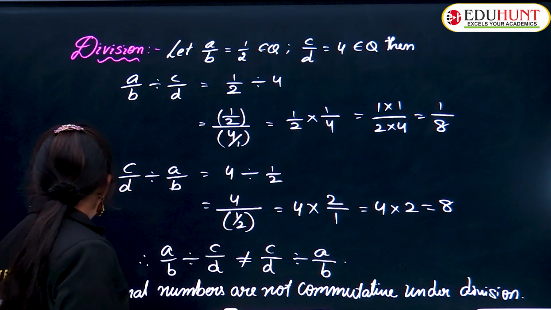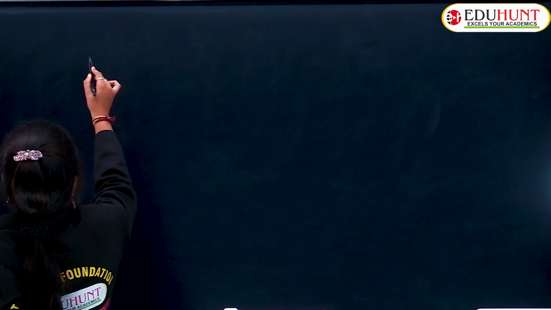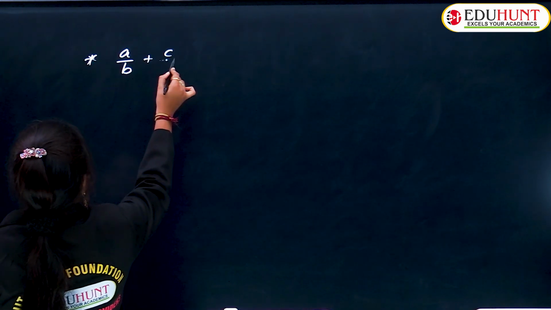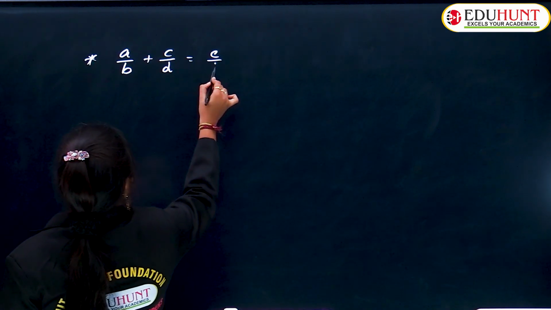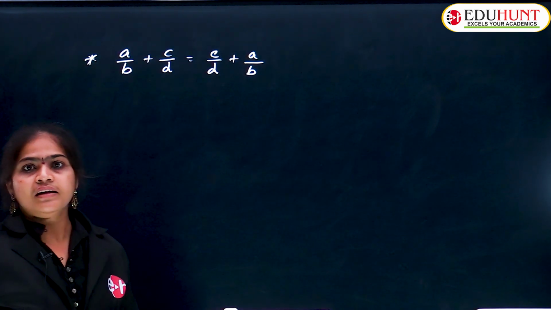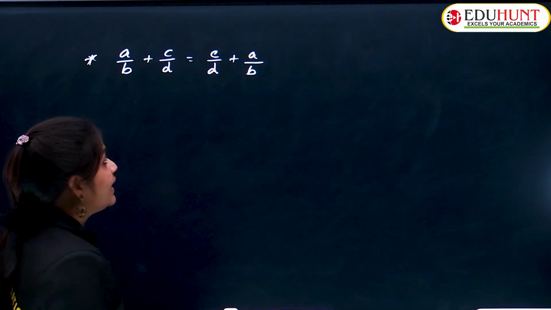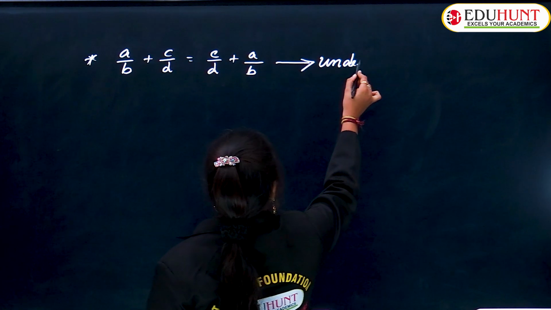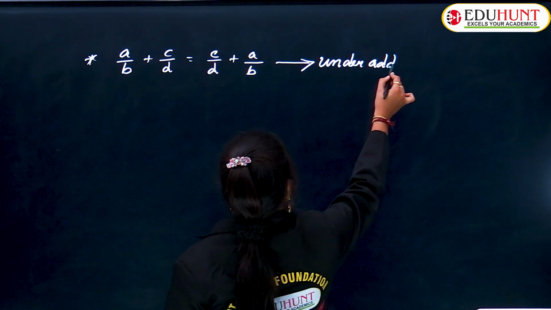Once see which one is possible and which one is not possible. All the 4 fundamental operations, see that. First one, A by B plus C by D, which is equal to C by D plus A by B. What is that property here?